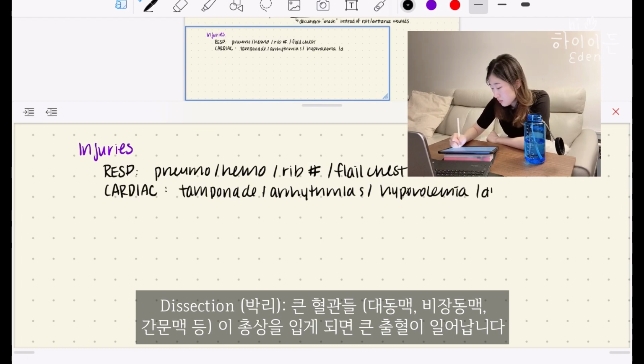Perfect. There are a lot of large vessels in there, and it doesn't necessarily have to be the aorta, but it could be the splenic artery, portal vein. All of these things have large amounts of blood in them, and so if bullets are going through certain organs and certain vessels, patients can bleed very quickly.